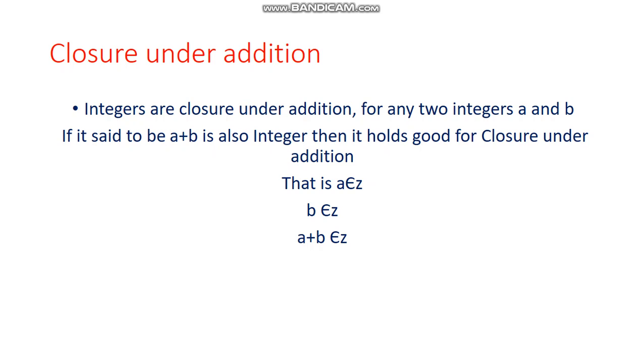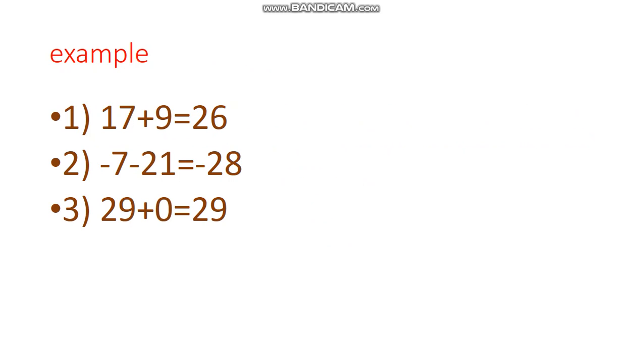So don't be confused, students. When we add two integers, for example, 17 is an integer, 9 is also an integer. Consider 17 is a, 9 is b, and a plus b is 26. 26 is also an integer, a positive integer.